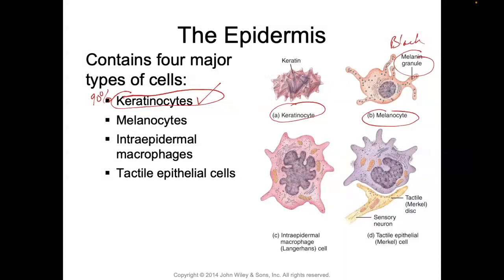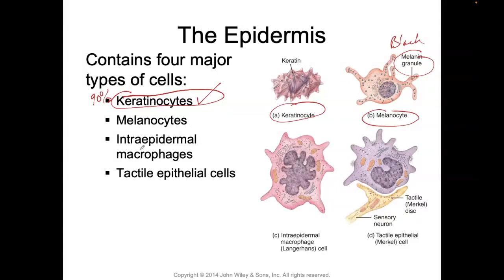Most of us have the same number of melanocytes, but we each produce a different amount of melanin. So we have a variation of skin tone and skin colors. There are certain autoimmune diseases that can attack melanin or can actually attack the melanocyte.